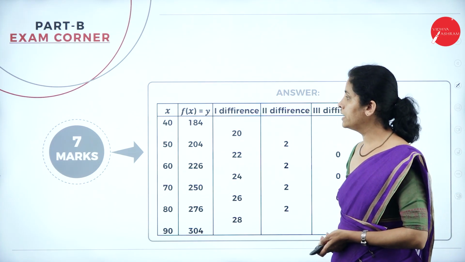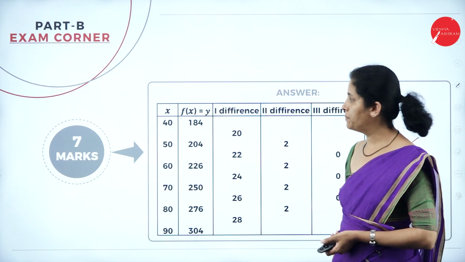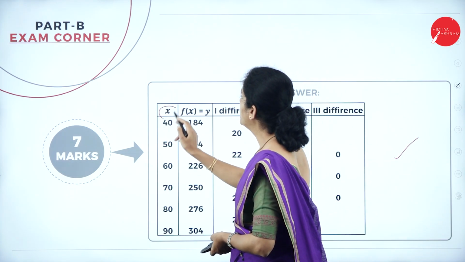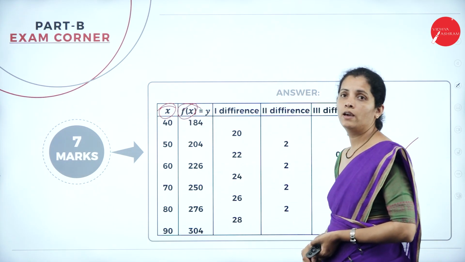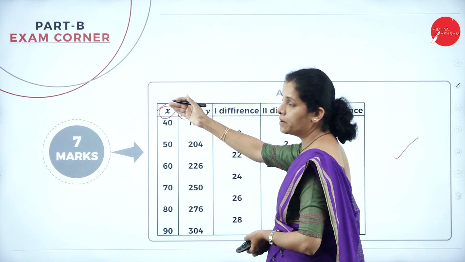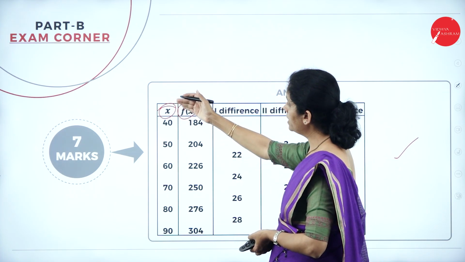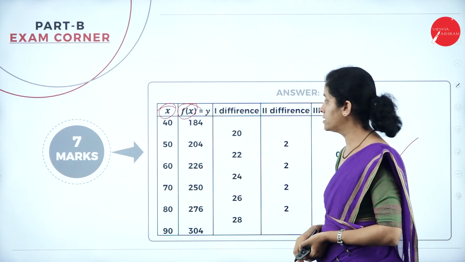See here, whatever data I have, I'm going to represent in the form of a table. This is my x value and this is my f of x, that is nothing but the y. I'm going to write all the x values and all the y values.